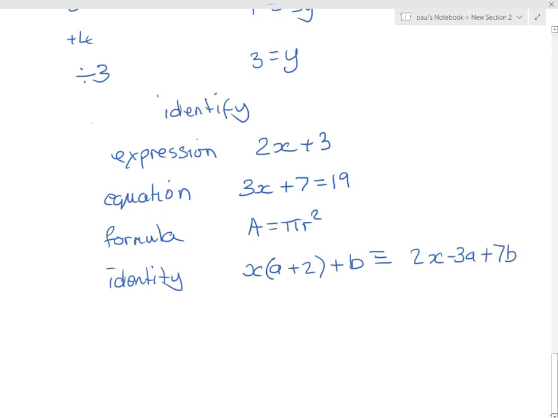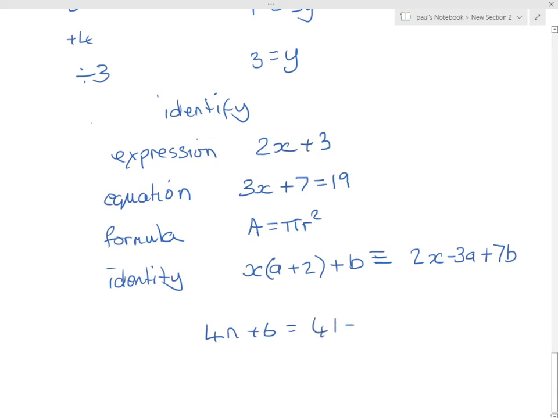And this is easily spotted because it's got three parallel lines. The difference between an identity and these other things is that no matter what the value of x is, it's still the same on both sides. The total is still the same. And we came back to some more things on both sides, and we did that.